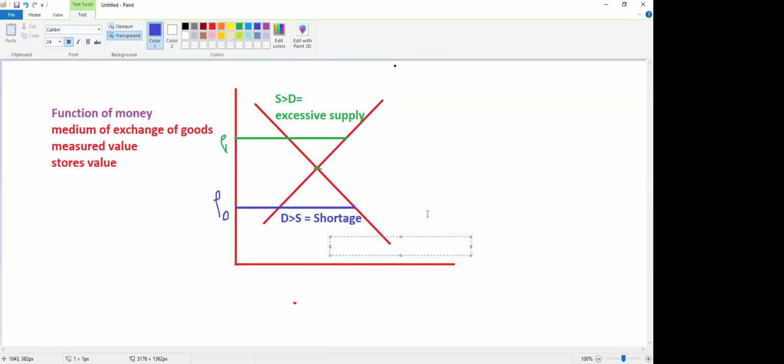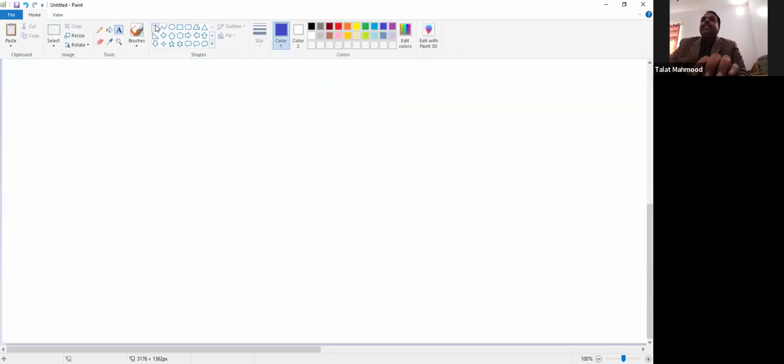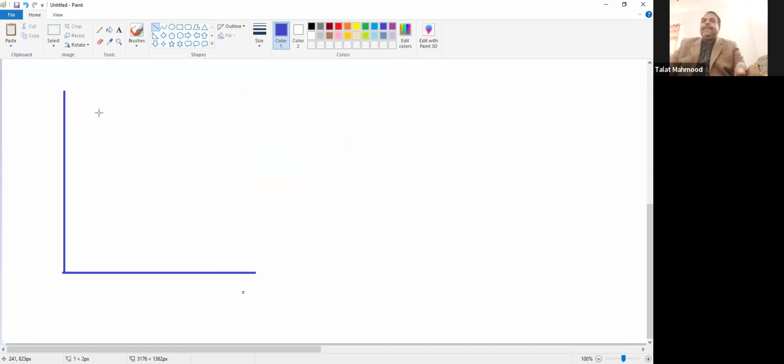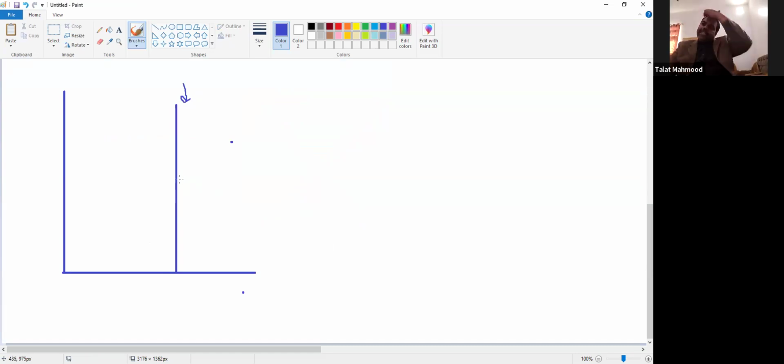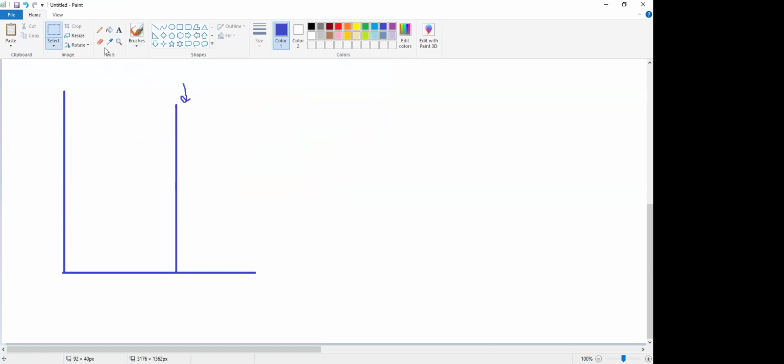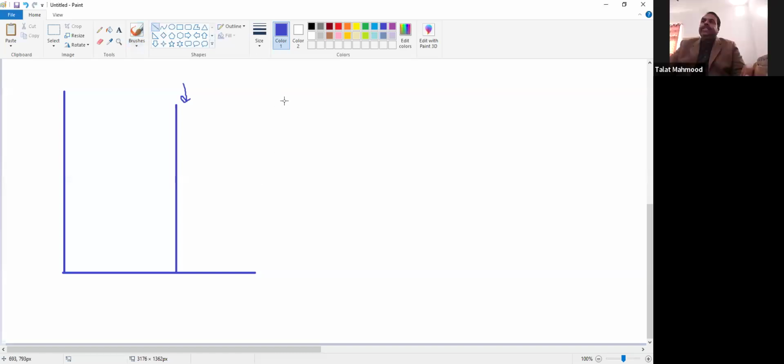Okay. Now there is another thing that I want to ask about. If the demand curve is like this, what do we call it? What is the elasticity of demand in this case particularly? It is equal to 0. Well done. Excellent.